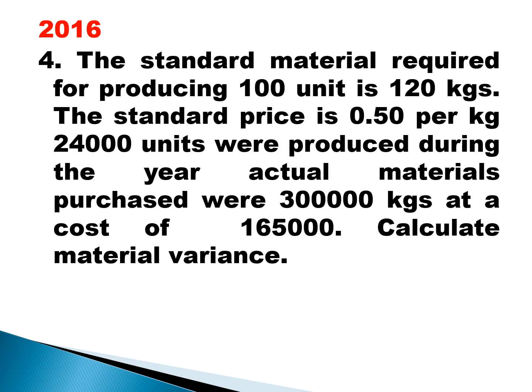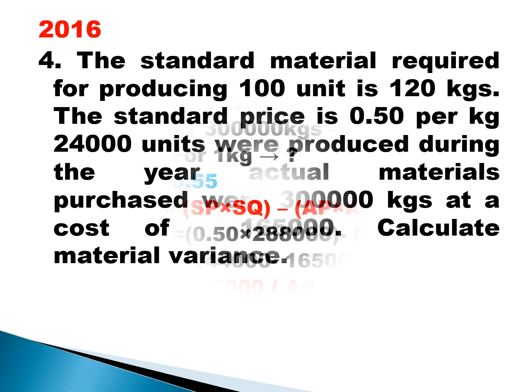So in our problem, the one and only information given is SP. SP is 50 paisa. SQ given for 100 units. So you need to find for 24,000 units. AQ is 3 lakh kgs. AP is missing in the question.